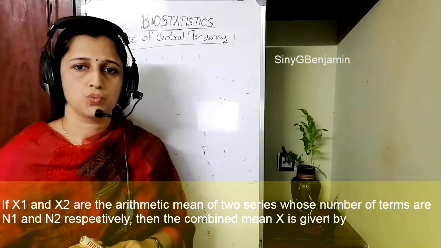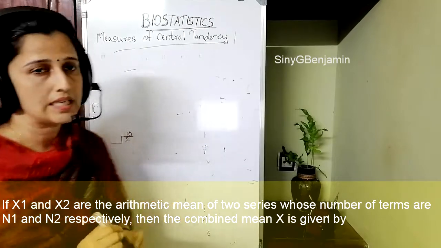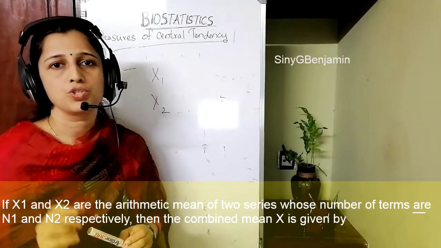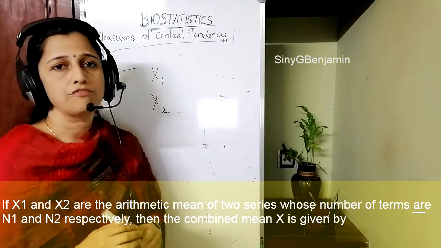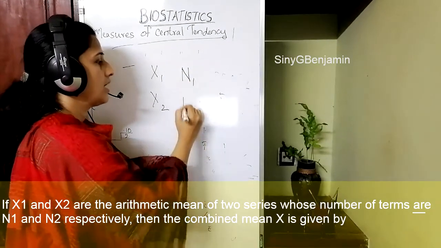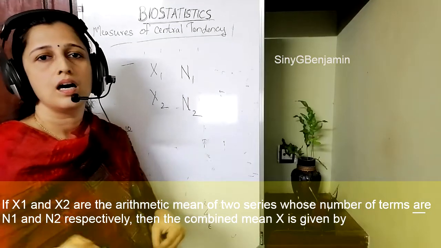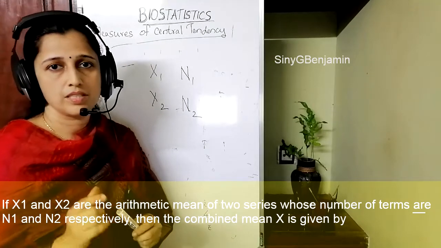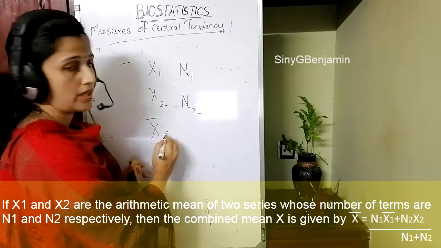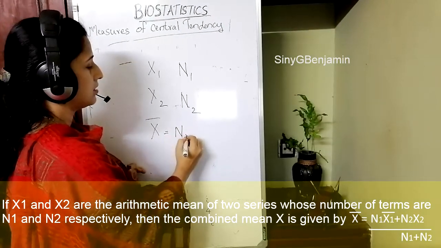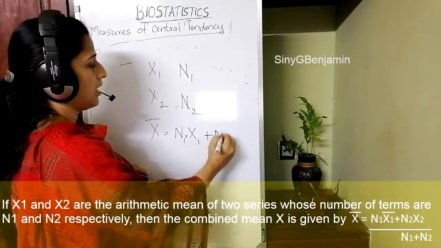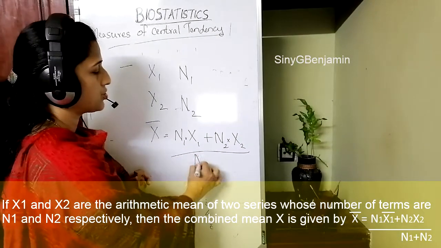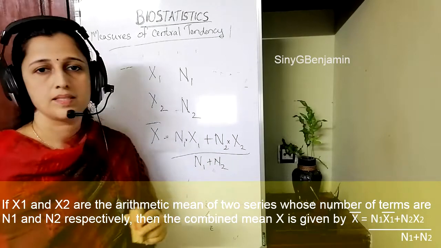If x1 and x2 are the arithmetic means of two series whose numbers of terms are n1 and n2, then the combined arithmetic mean x bar is equal to n1 into x1 plus n2 into x2, the whole divided by n1 plus n2. This is the combined arithmetic mean.